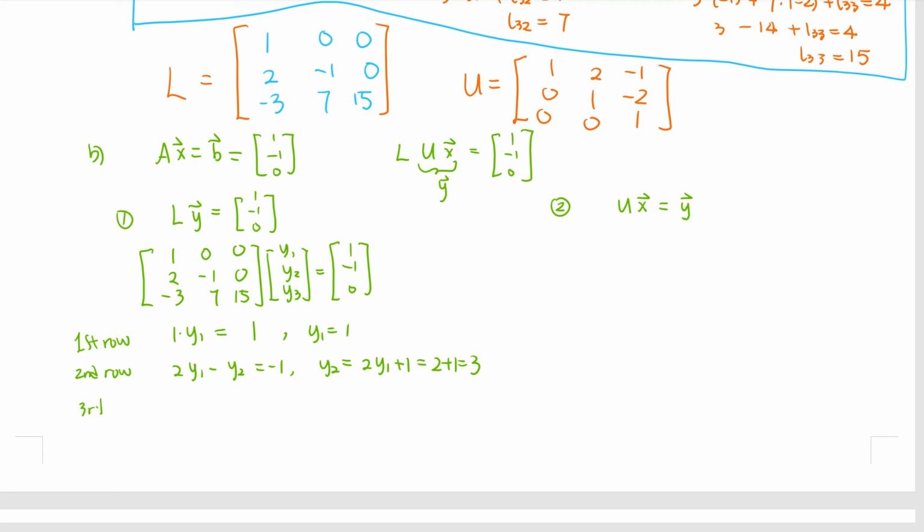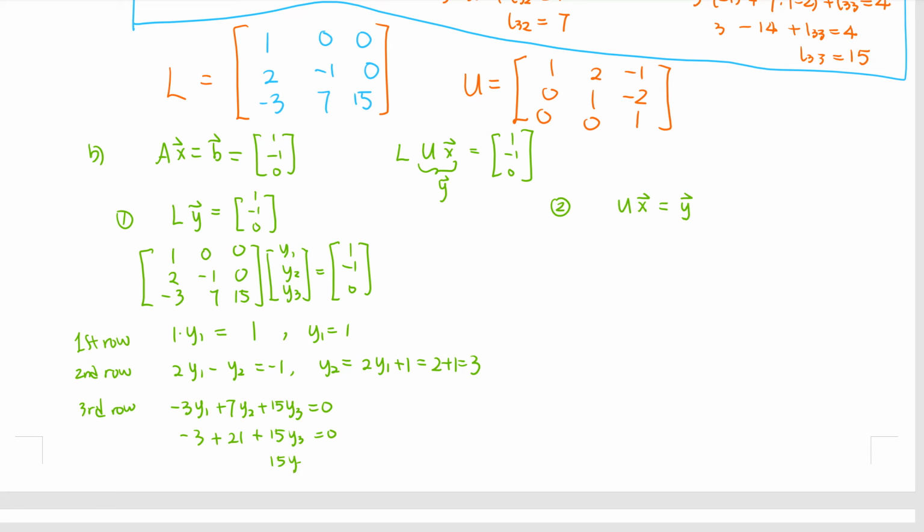The third row, we get minus 3Y1 plus 7Y2 plus 15Y3 equals 0. Okay, now let's plug in. Y1 is 1, so minus 3. Y2 is 3. 7 times 3 is 21 plus 15Y3.